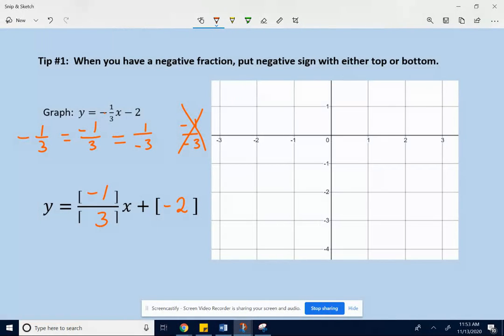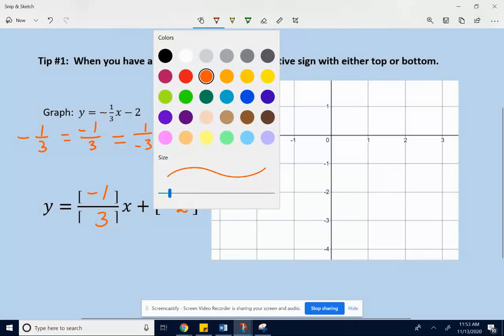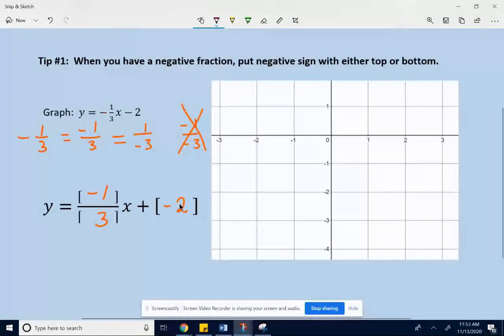Now I'm going to use the y-intercept at the end and the rise and the run in front of my x to do my graph. The y-intercept at the end is a negative 2, so I need to find negative 2 on my y-axis. Then I need to use my slope, my rise on top and my run on the bottom, to travel.